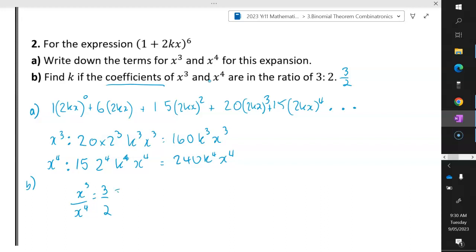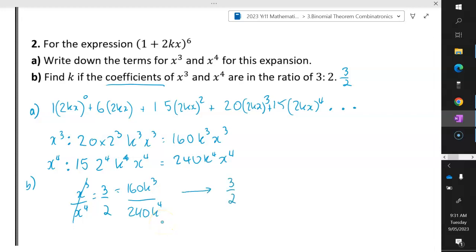My coefficient of x to the power of 3 is 160 k to the 3, and my coefficient of x to the 4 is going to be 240 k to the power of 4. So we don't need that part in there anymore, because that's just looking at the coefficients of those. I need this part here, so we can neaten that up a heck of a lot. So let's do that now.